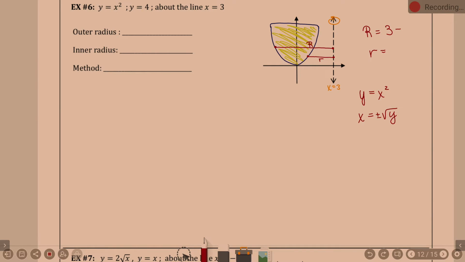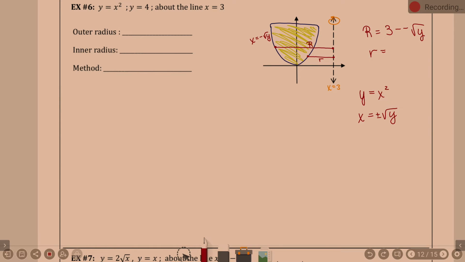Officially, it's going to be 3, and then this half over here is going to be x equals negative square root of y. So what I would say is 3 minus negative square root of y, which is, of course, plus square root of y.